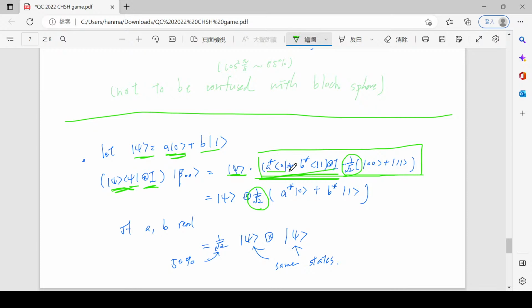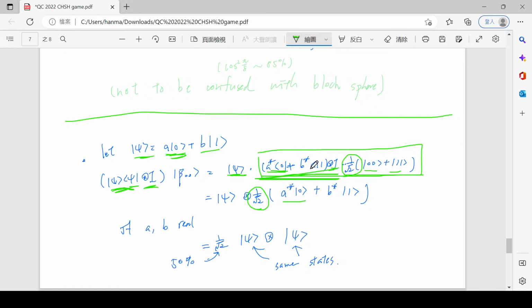So A star bra 0 tensor I multiplied on the EPR pair: the inner product of 0 with 0 is 1, and it will pick out this 0 here. So A star bra 0 tensor I on ket 00 gives you A star ket 0, and on ket 11, because 0 and 1 are orthogonal, that will give you nothing.